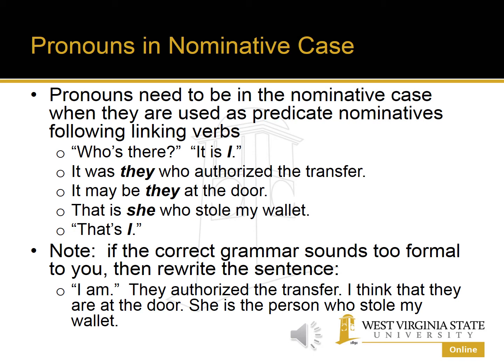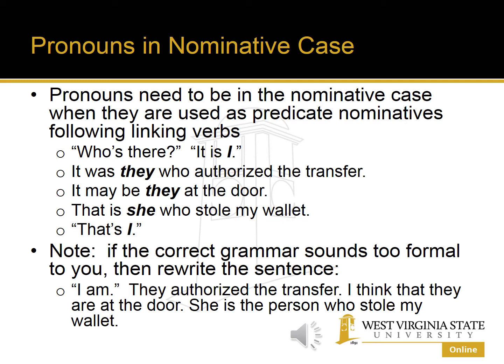And this is one of the problem areas in English with regard to case, because we have a tendency to want to put the pronouns on the right side of the equation, or as we say, after the linking verb, in the objective case instead of the nominative case.